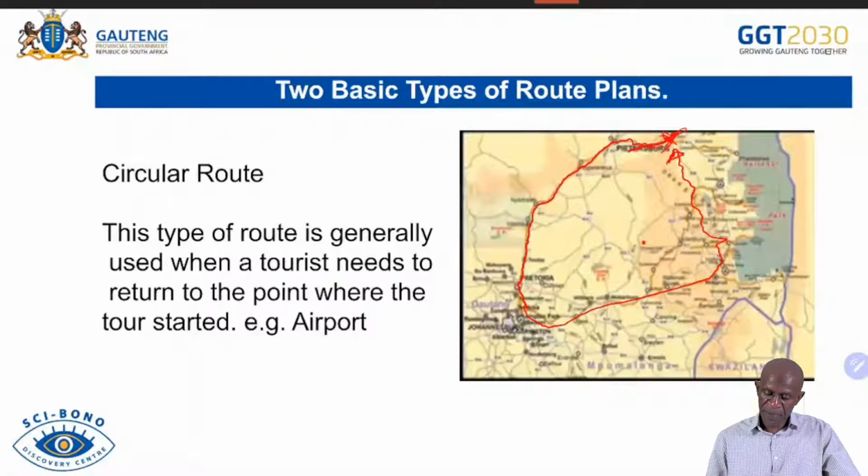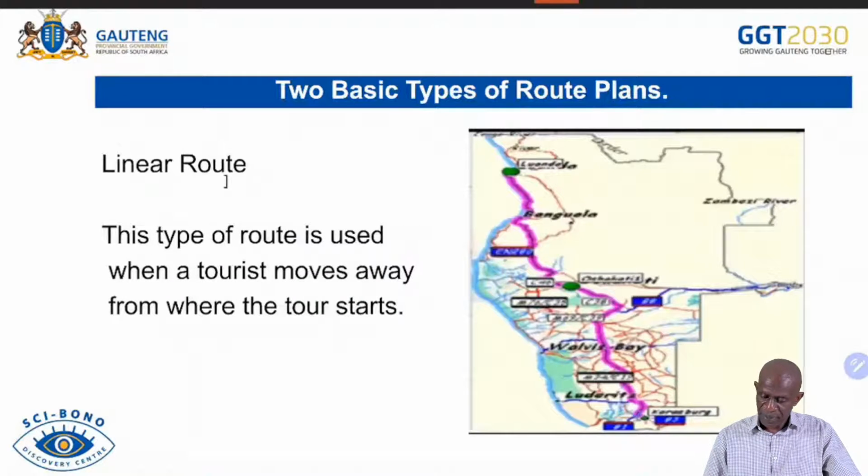The next type is the linear route. As the name suggests, linear comes from line. You are moving on a straight line. And this type of route is used when a tourist moves away from where the tour starts.